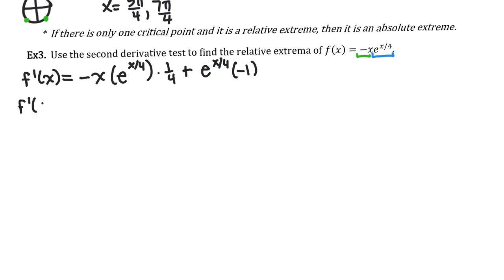I'm going to rewrite this before I simplify it. What is that? Negative x over 4 times e to the x over 4 minus 1 times e to the x over 4.